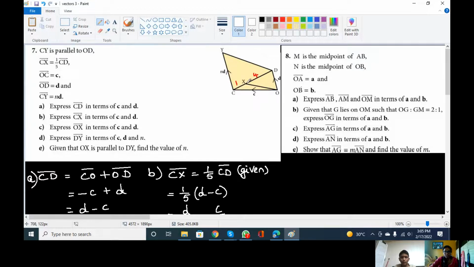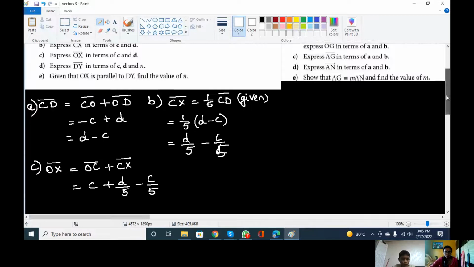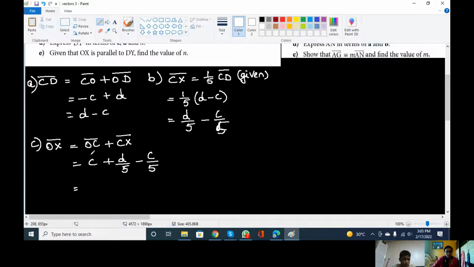So, we can write OX is nothing but O to the C and C to the X. OX is equal to OC plus CX. OC in the picture is just C, and CX is plus D over 5 minus C over 5. So if you take C common here, you will get C times (1 minus 1 over 5) plus D over 5.